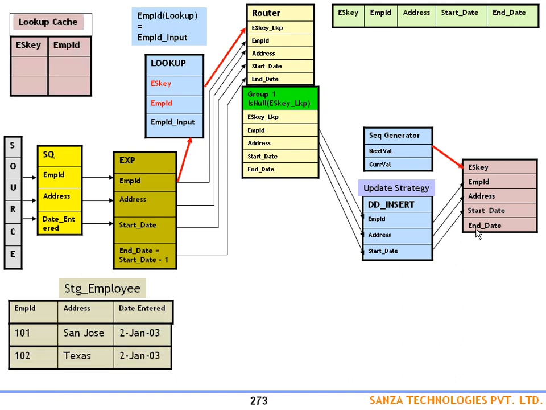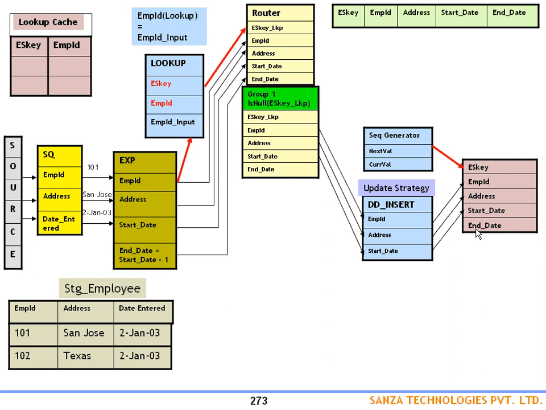Now when you execute this mapping, the first time the STG employee table data will be extracted, and a select is fired to get the data into the lookup cache. There is no data in the lookup cache, as there is no data in my table.